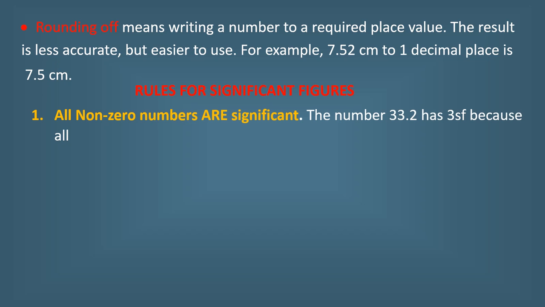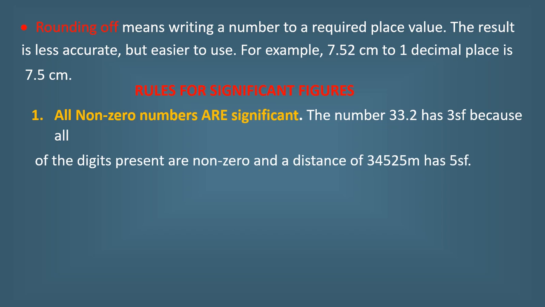All non-zero digits are significant. Now the number 33.2 has 3 significant figures because all the digits present are non-zero.